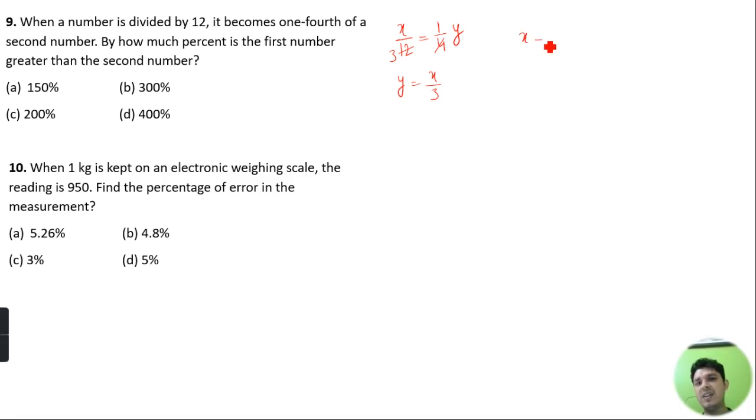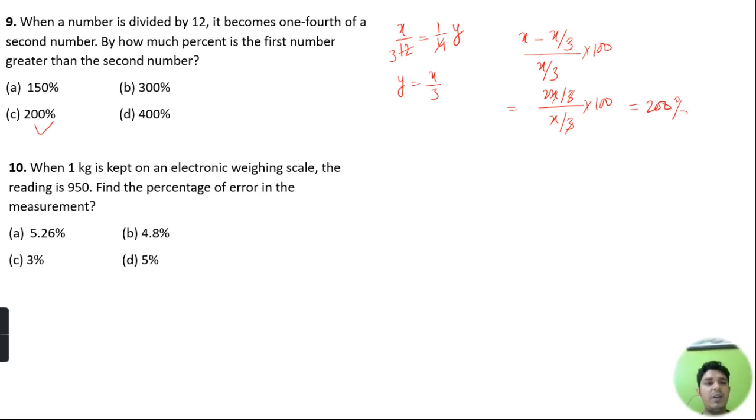We can find it as x minus x/3, divided by x/3, multiplied by 100. If we solve it, this will be 2x/3 divided by x/3, multiplied by 100. 3 cancels 3, x cancels x, and the answer of this question will be 200%. That means option C will be the right option.